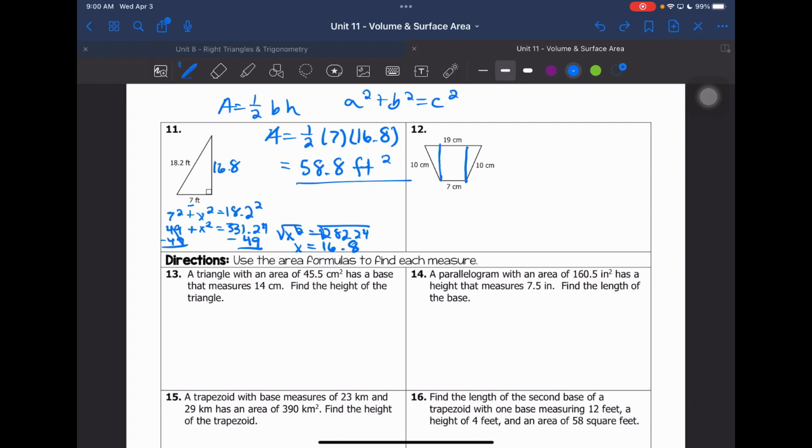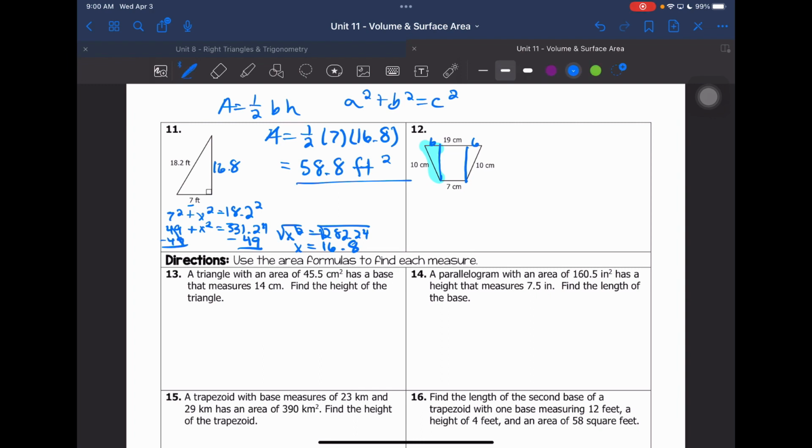So if I subtract those, that should give me these lengths. 19 minus 7 is 12. So that means this side and this side are 12 together, and each of them would be 6. And now I kind of have a right triangle right there.